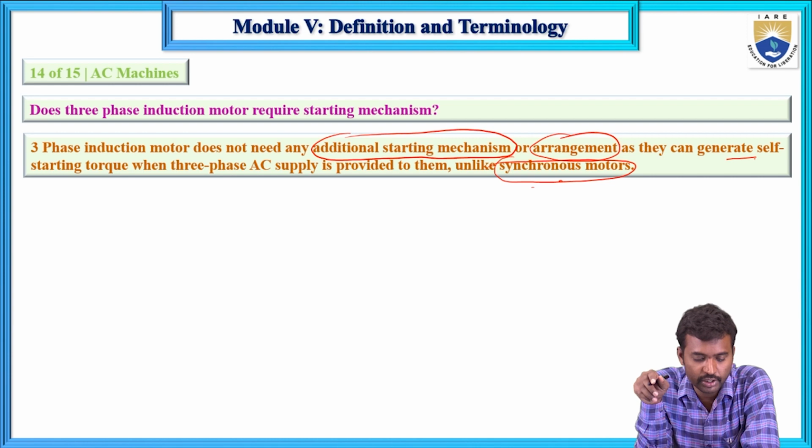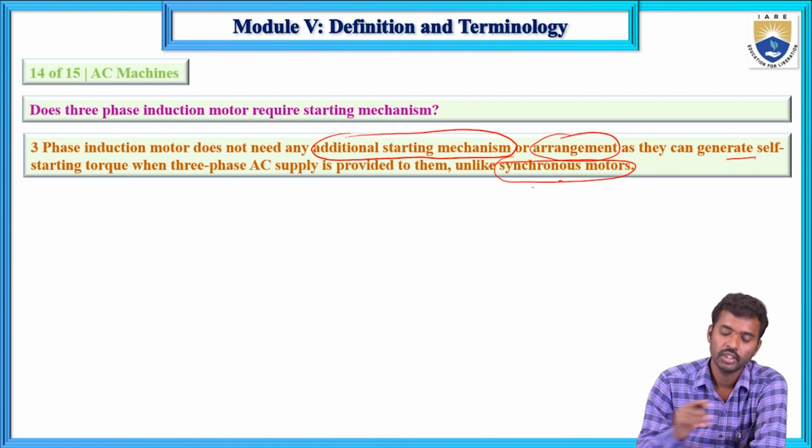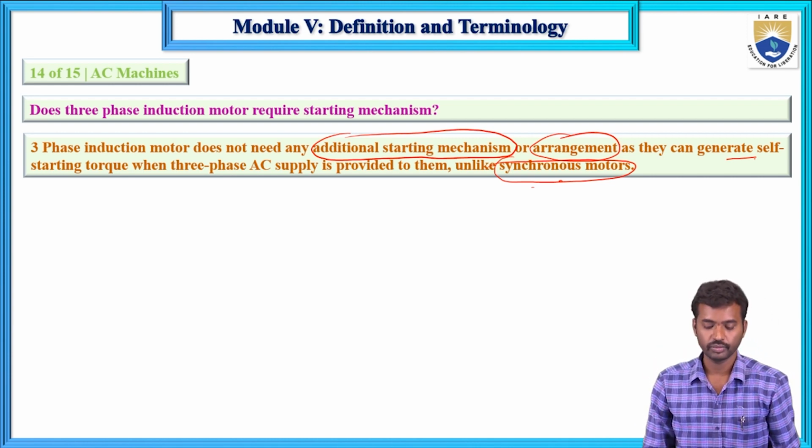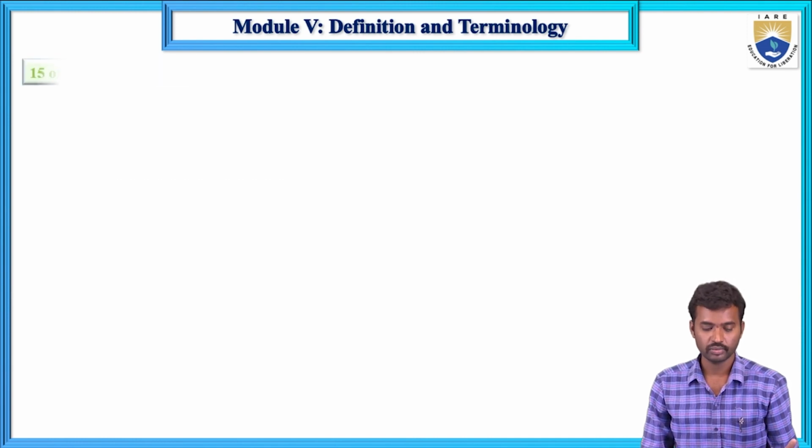But the induction motor does not require any starting mechanism. It is a self-starting device. It can generate self-starting torque when we give three-phase AC supply. If you give three-phase AC supply, there will be a rotating magnetic field, so mechanical energy will automatically be developed in the induction motor at the time of starting.